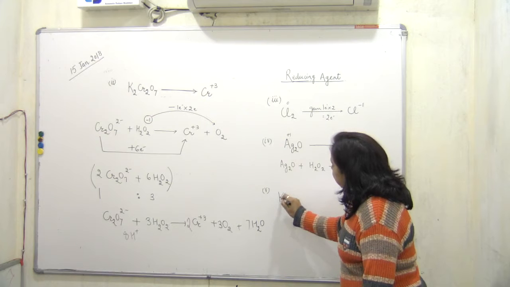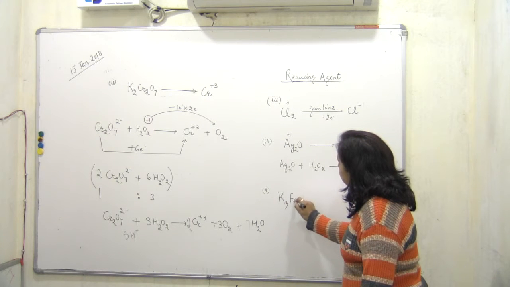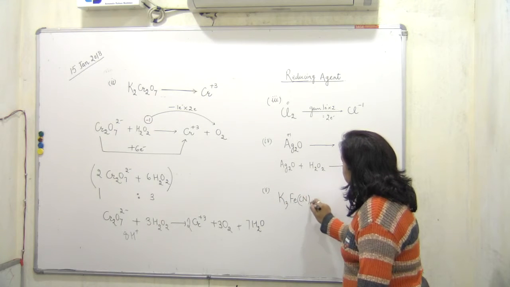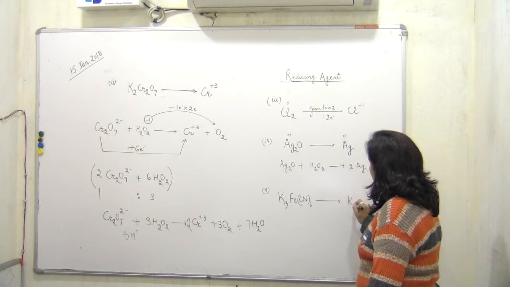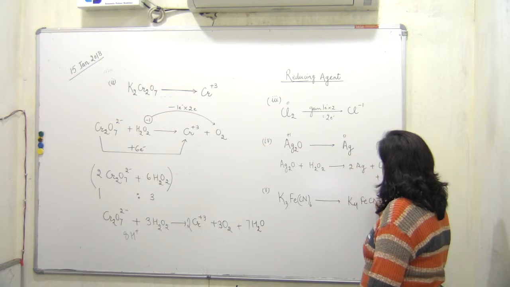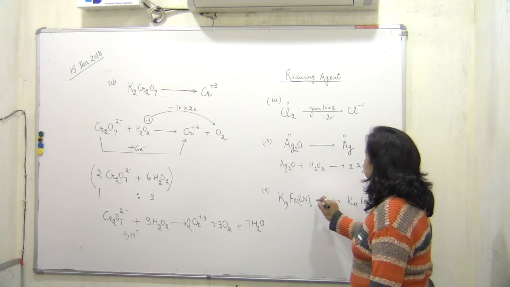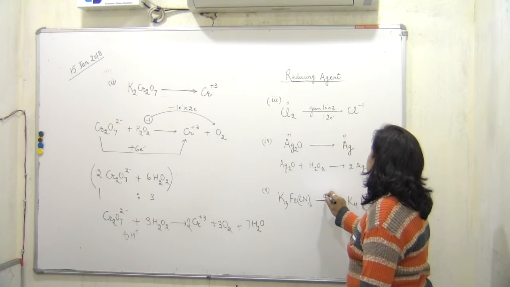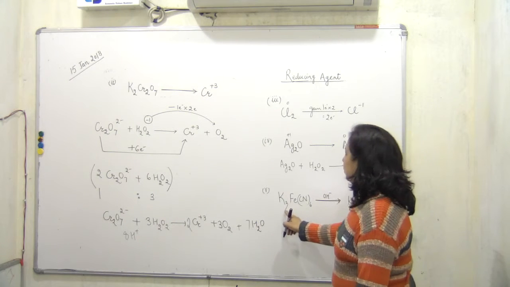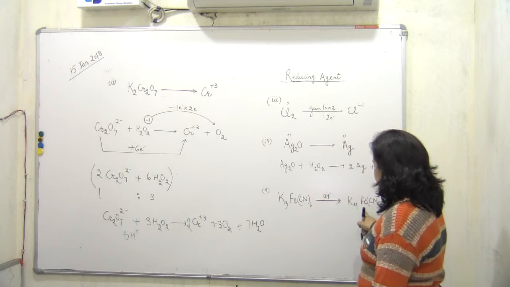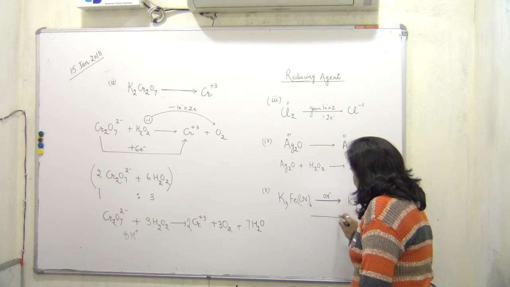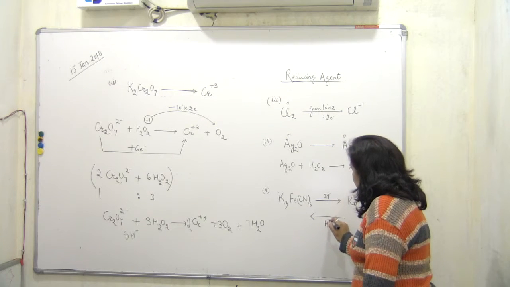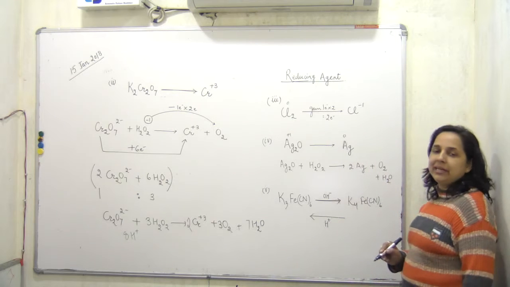Now K3Fe(CN)6 can be reduced to K4Fe(CN)6. Now this is possible in basic medium. That means in basic medium we can go for the ferri to ferrocyanide, but in acidic medium the reverse is true. That means this reaction can attain equilibrium.